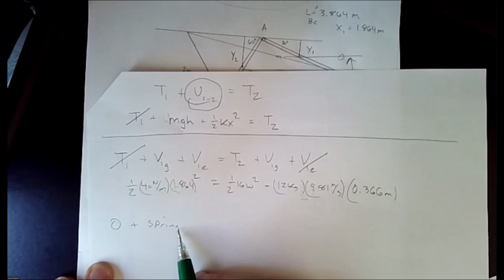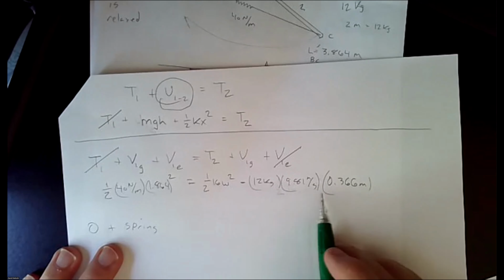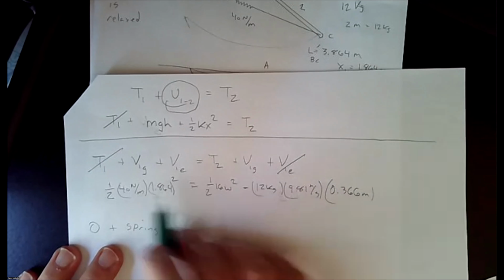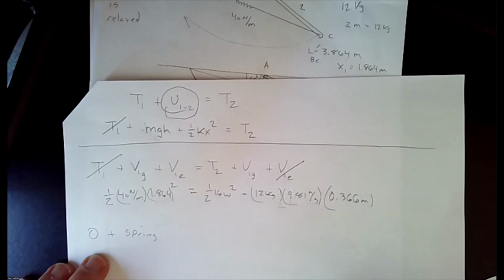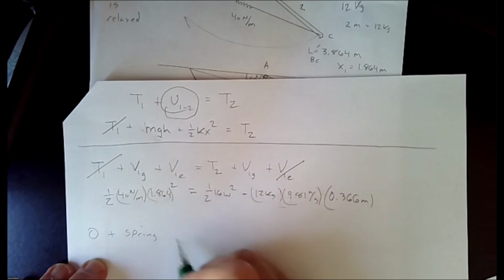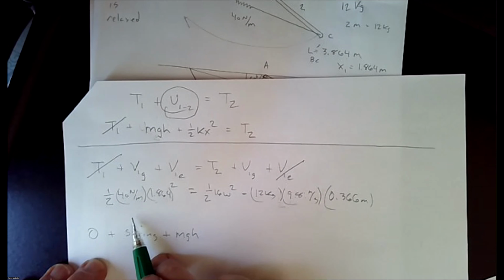And then I also have a drop or a change in height, and that's positive. I went from here to here. Even though I put it negative over there because that's how the equation was set up, conceptually it may make more sense to put it over here. So plus my mgh, because it's negative, becomes positive over here.